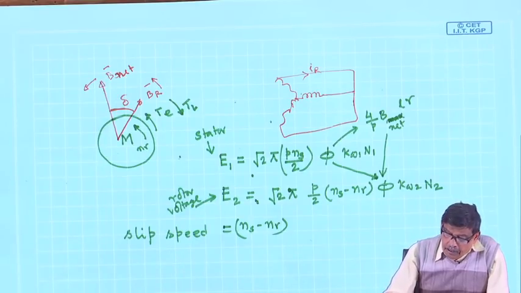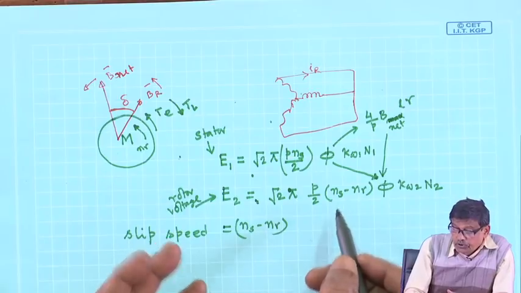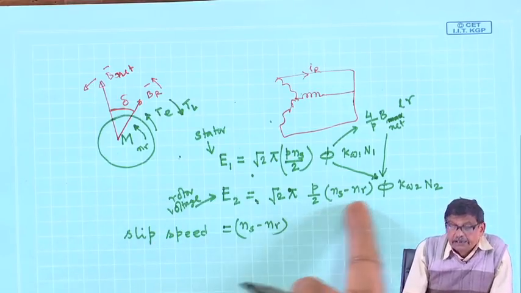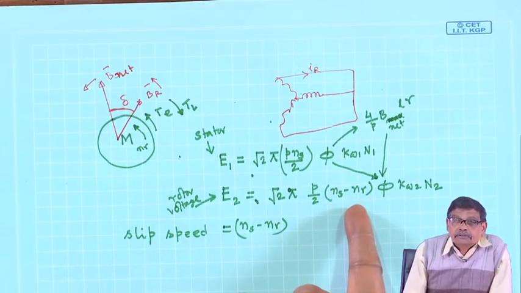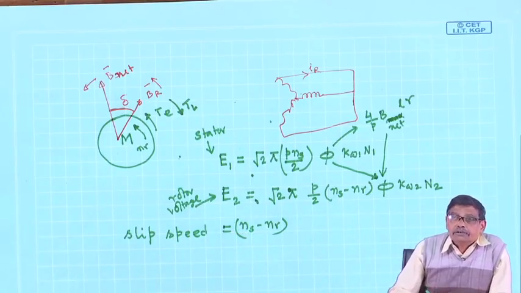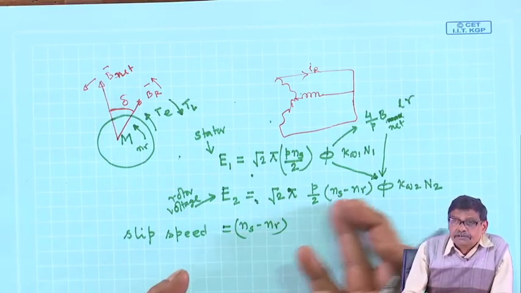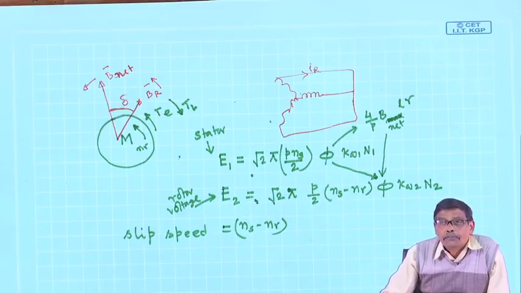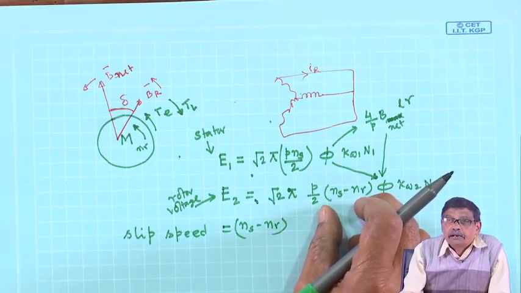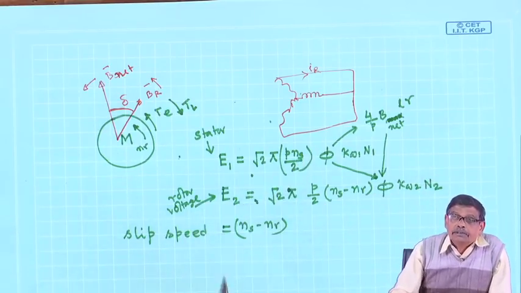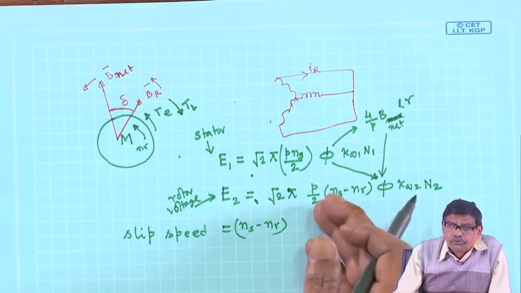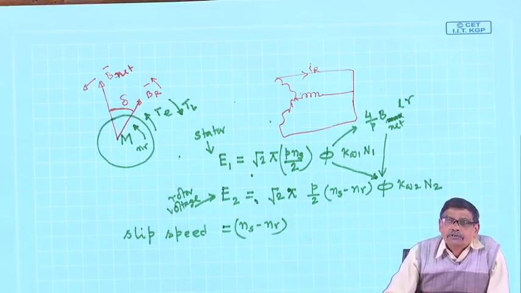Why? Because the magnitude of the induced voltage in the rotor depends on n s minus n r. Larger voltage is induced depending upon this difference. N r could be very low RPM, then the difference will be large and more induced voltage will be there. But if n r is close to n s, very little induced voltage will be there.